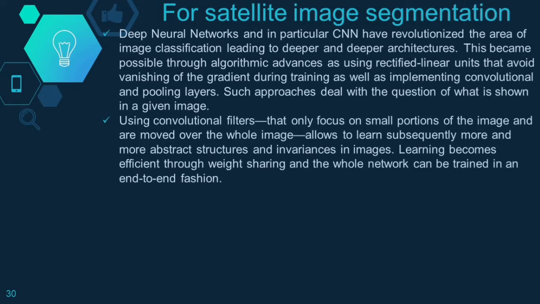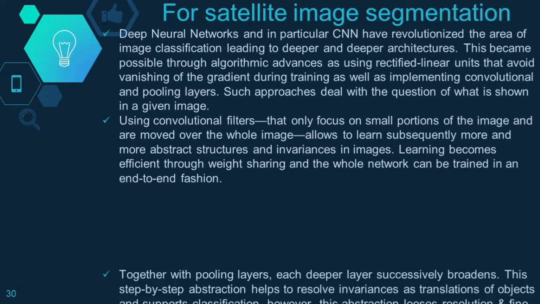And then using convolutional filters that only focus on small portions of the image and are moved over the whole image allows learning subsequently more and more abstract structures and invariances in images. Learning becomes efficient through weight sharing and the whole network can be trained in an end-to-end fashion.